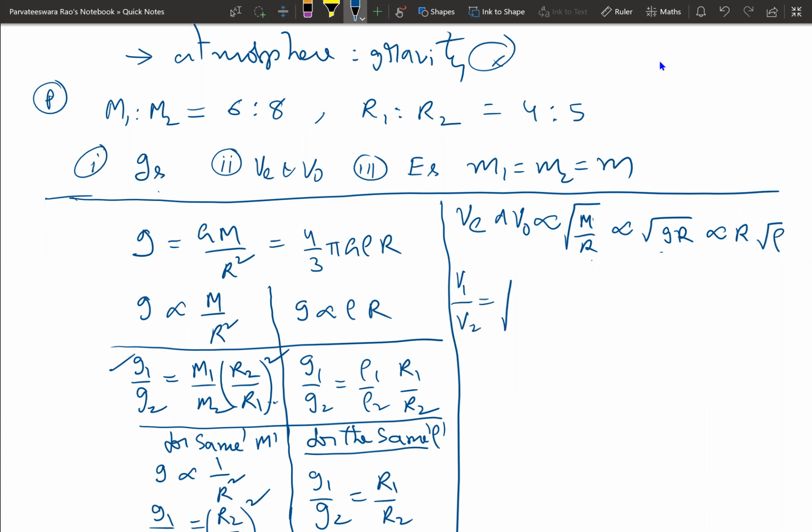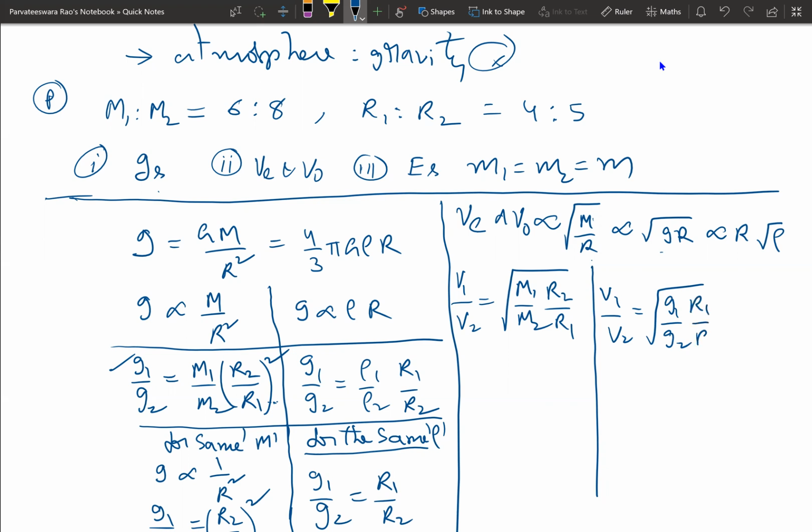So V1 by V2 is root of M1 by M2 into R2 by R1. R is in the denominator. Then V1 by V2 is equal to root of G1 by G2 into R1 by R2. Using this relation, V1 by V2 is R1 by R2 into root of rho 1 by rho 2. Right?